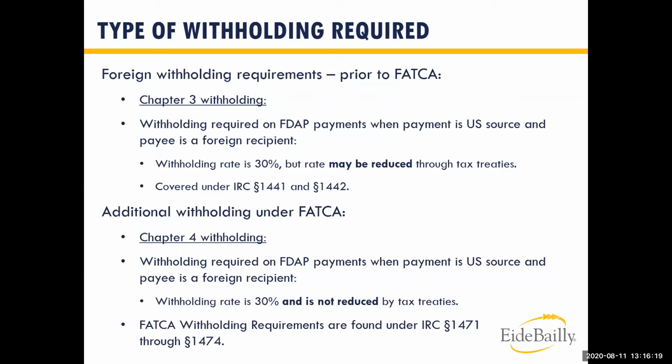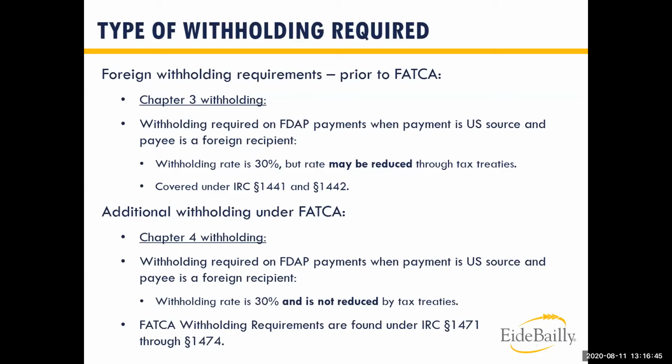So this is really just a summary of prior to FATCA, which we'll talk about in a second. And then, in addition, there's an additional withholding under FATCA. FATCA was established a number of years ago, the whole purpose of it being to find those US individuals that had bank accounts in foreign banks.